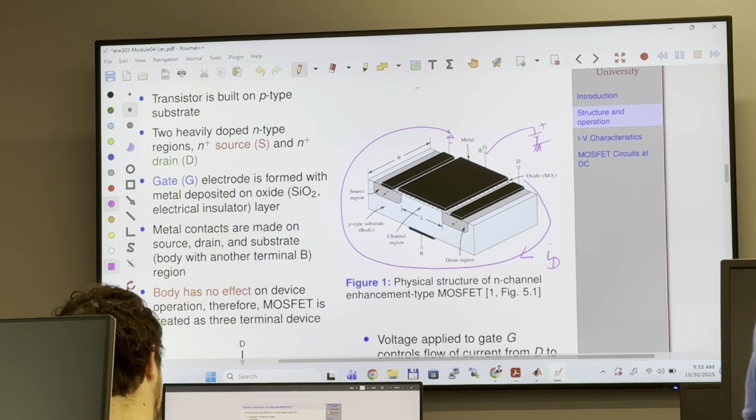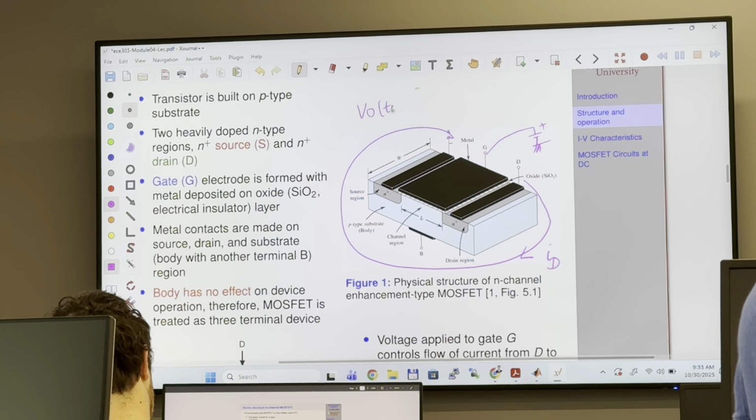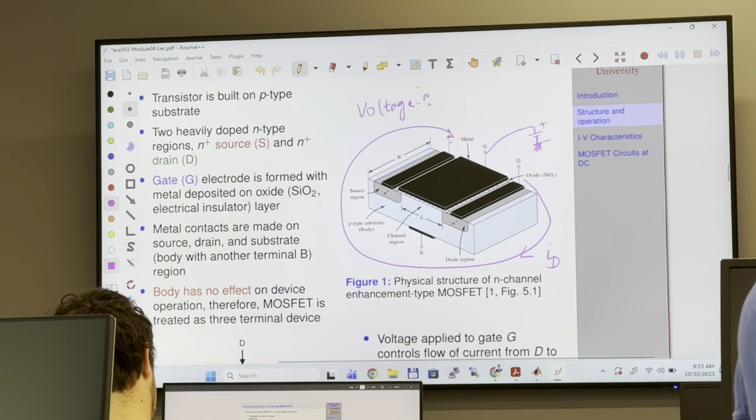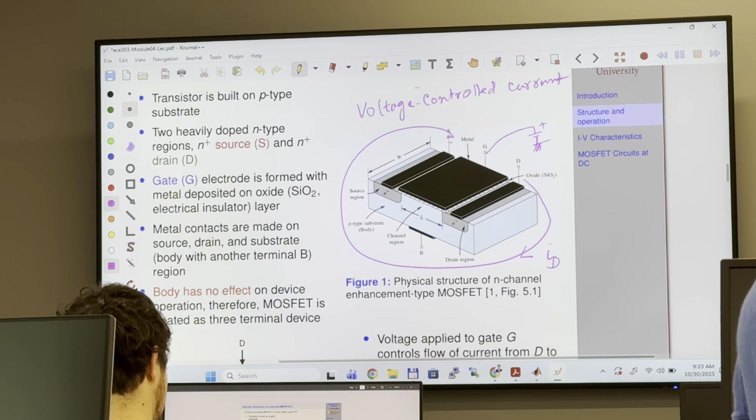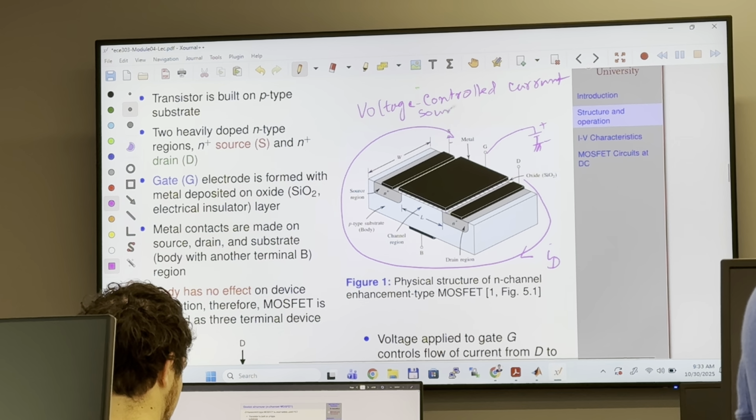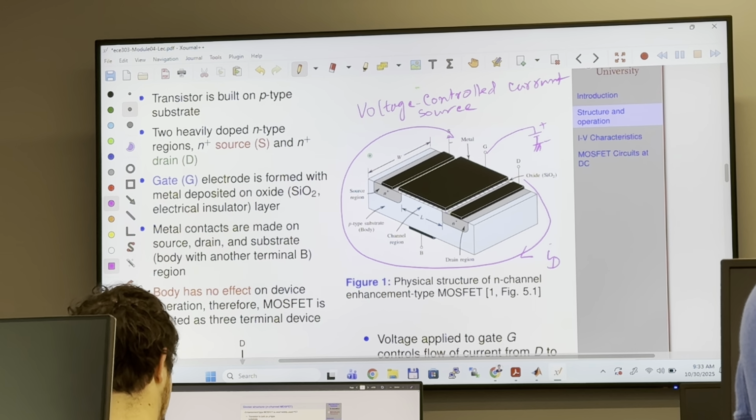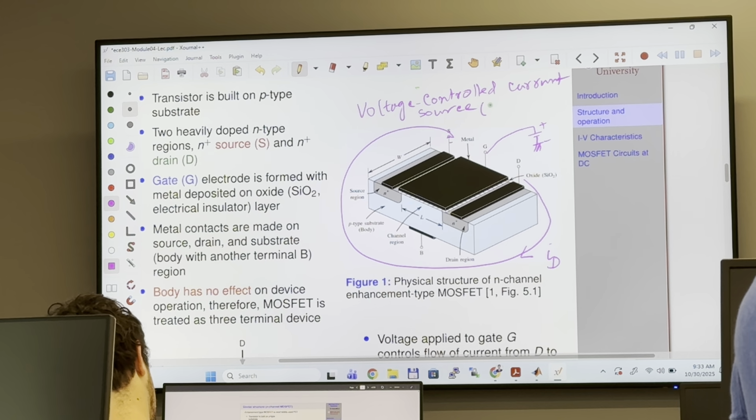So that's why this is called a voltage controlled current source. In short, we will call it that.